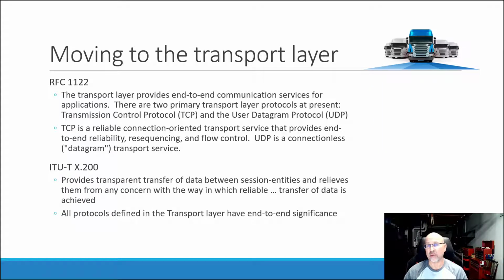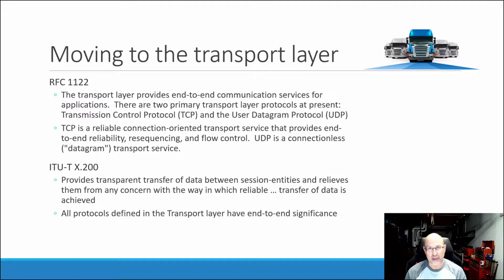The two documents that we go to all the time for all of these definitions are RFC 1122 and 1123, but also ITU-T X.200. And these are the two documents that contain really the definitions for all of our models. So from 1122, we get that the transport layer provides end-to-end communication services.